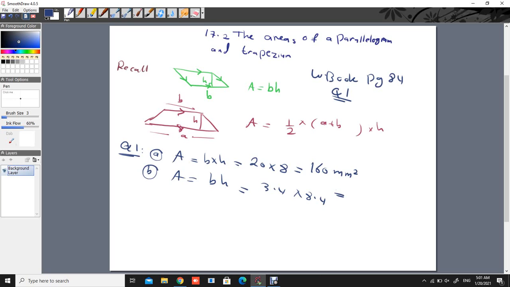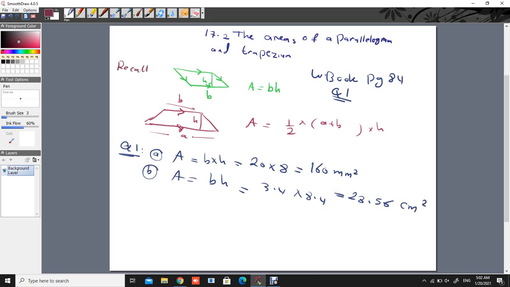Here, just multiplying decimals, 3.4 times 8.4, which is 28.56. Here the unit is centimeter squared. So question 1 is about how to find the area of a parallelogram.